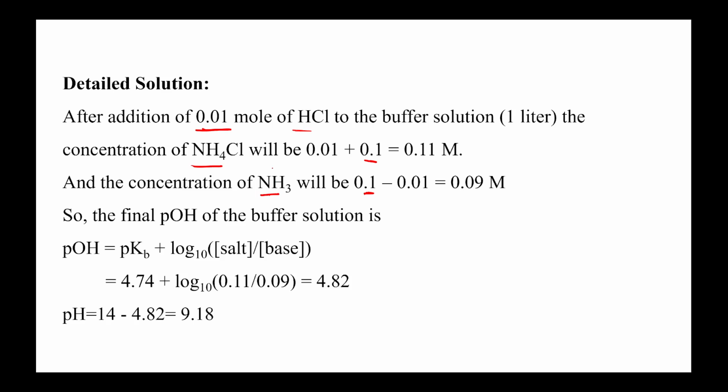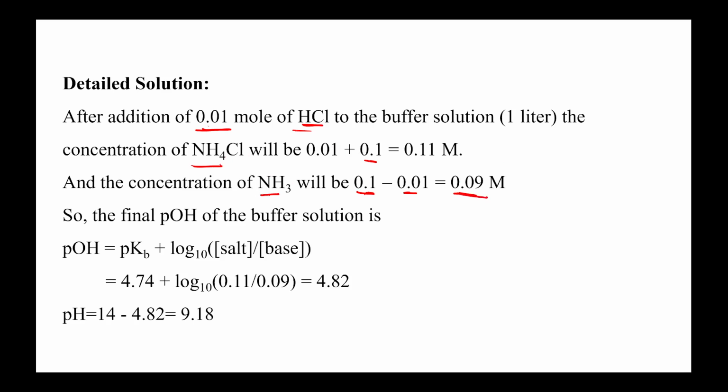HCl is an acid, so the base concentration will decrease. So 0.1 minus 0.01 moles of HCl will be the final moles of NH3, and it is in 1 liter, so this will be the molarity.